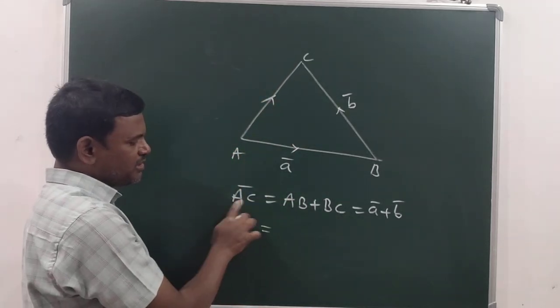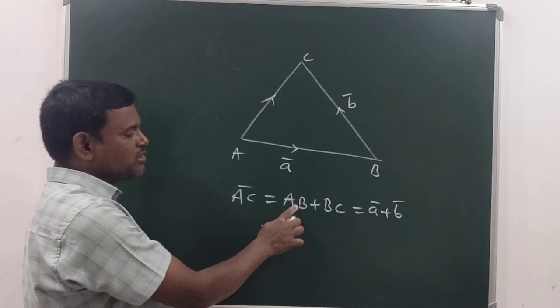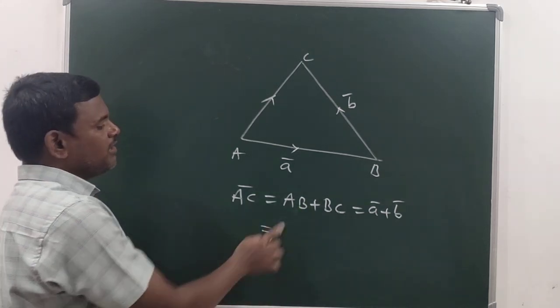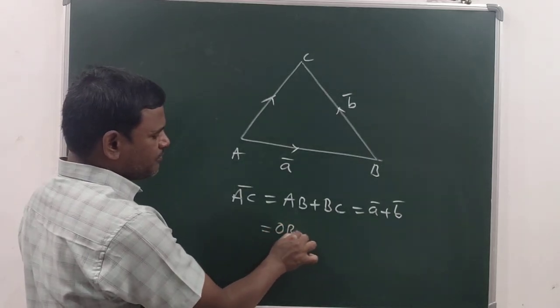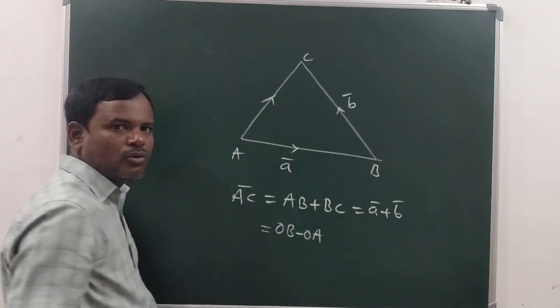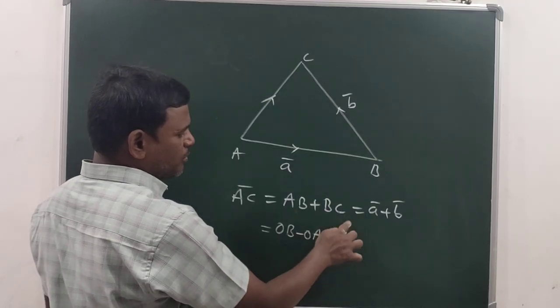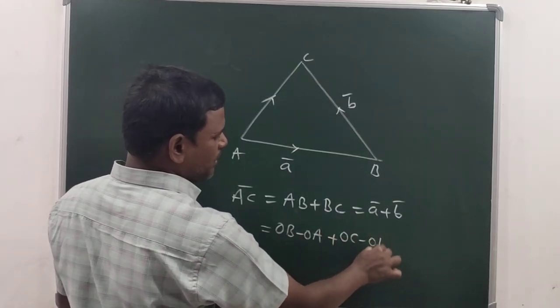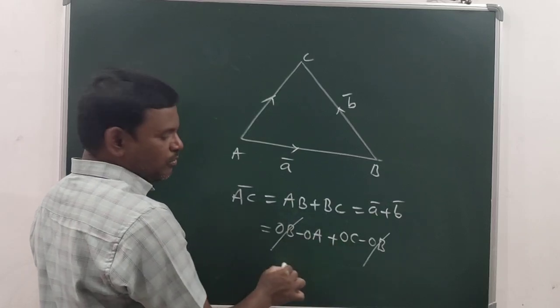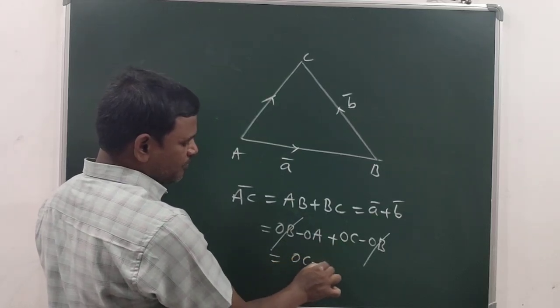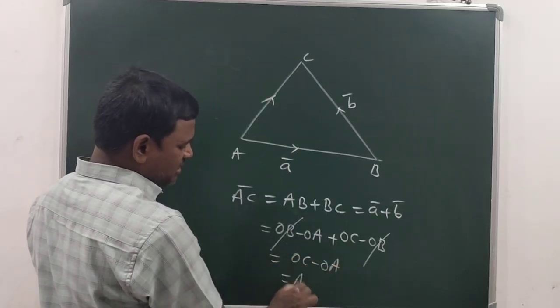If you want, you can express it with position vectors. If AB is given, then you have to write OB minus OA, and BC you have to write OC minus OB. Now OB minus OB cancels, leaving OC minus OA, which can be written as AC.